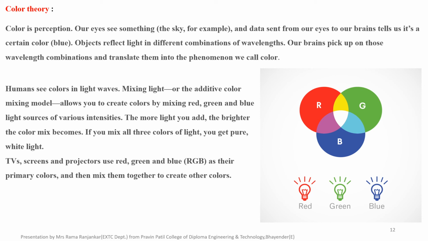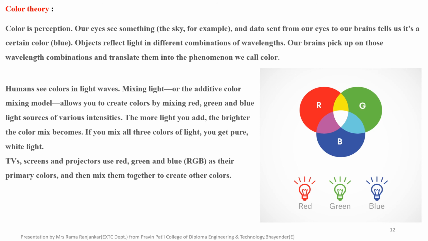The additive color mixing model allows you to create colors by mixing red, green and blue light sources of various intensities. The more light you add, the brighter the color mix becomes. If you mix all these three colors of light, you get pure white light.